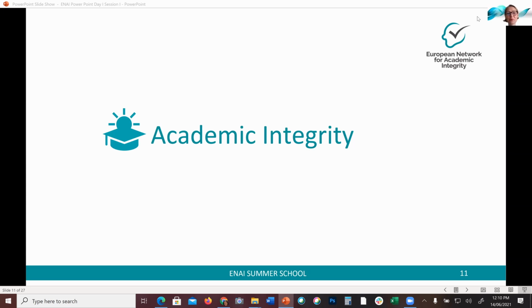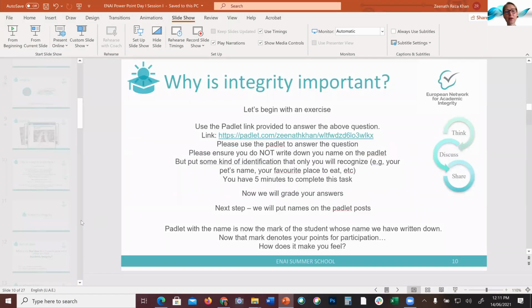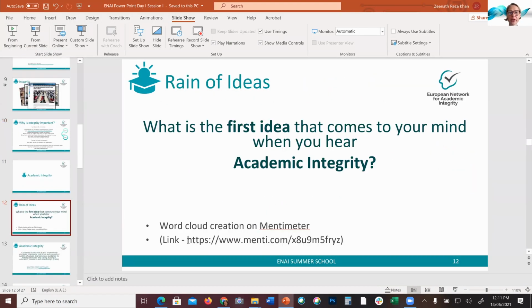Yeah, so we will continue with an interactive thing. So Zinat put very well into perspective that when we talk about academic integrity, we start with integrity, which is something very general in our everyday life, and then it does not disappear when we come to academia.